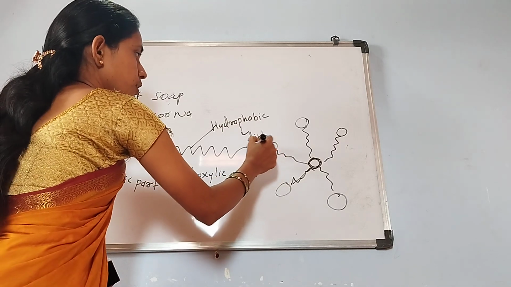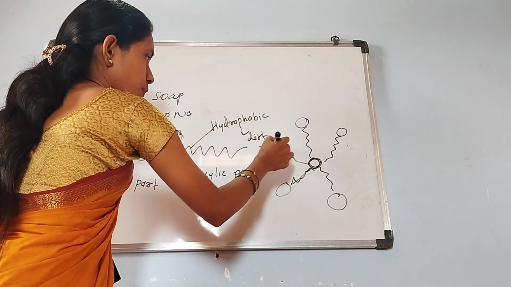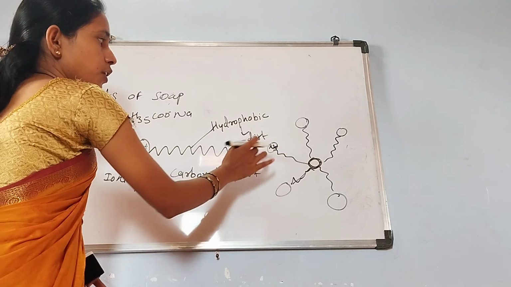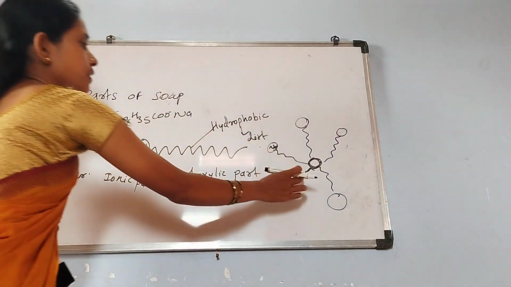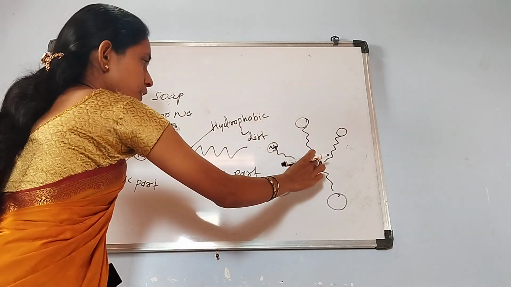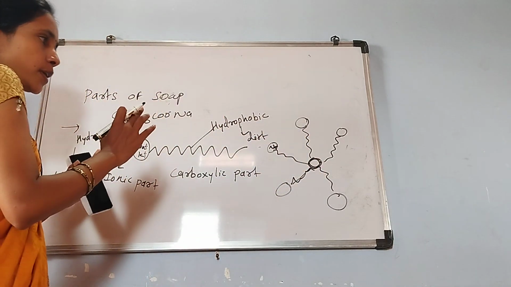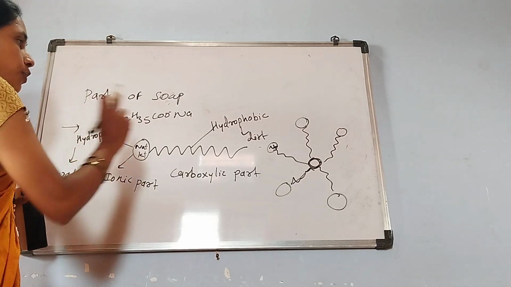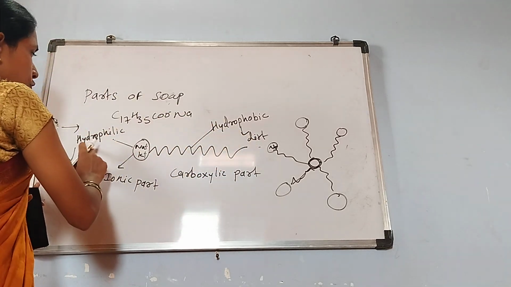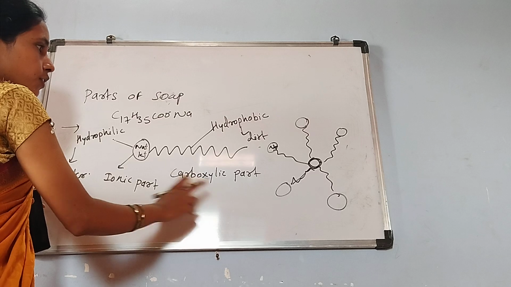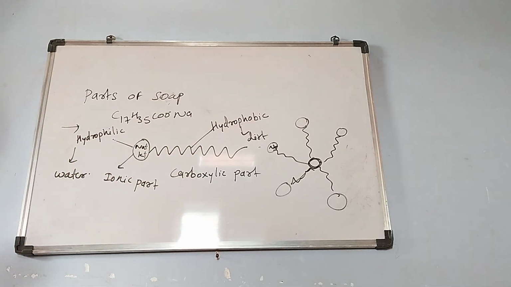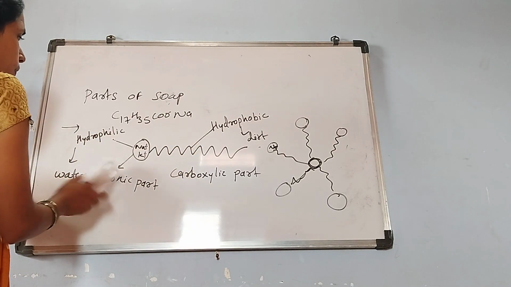And here this ionic part is attracted towards water. This we call the hydrophilic part, and this is the hydrophobic part. Once the hydrophobic part removes the dirt, together they form an emulsion. Hydrophobic dirt and the hydrophilic ionic part plus water, together we call them an emulsion.